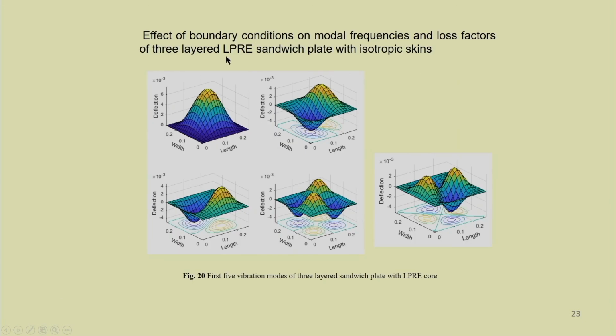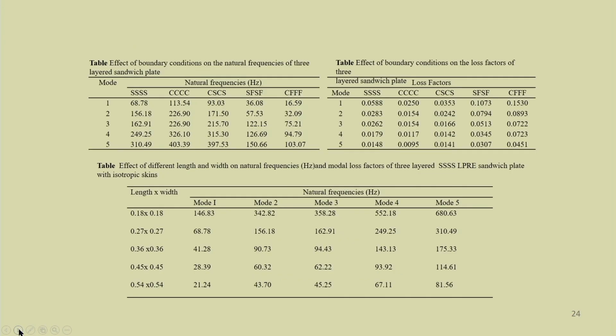You can see the different modes: first mode, second mode, third mode. These are the different mode shapes of vibration of the sandwich plate. Now, the effect of boundary conditions can also be studied. For example, SSSS means all 4 sides are simply supported, CCCC means all 4 sides are clamped, then CS, one side clamped and the next side simply supported, and F is free.